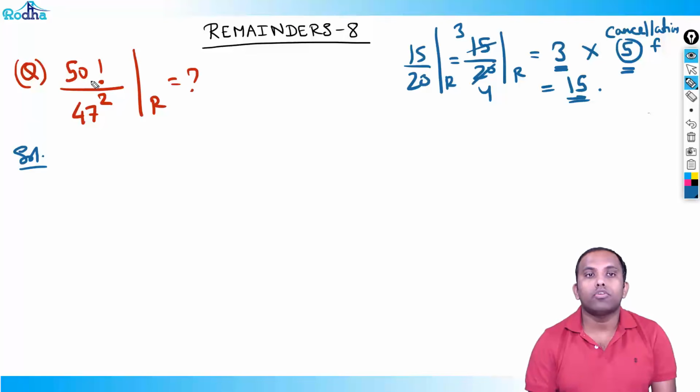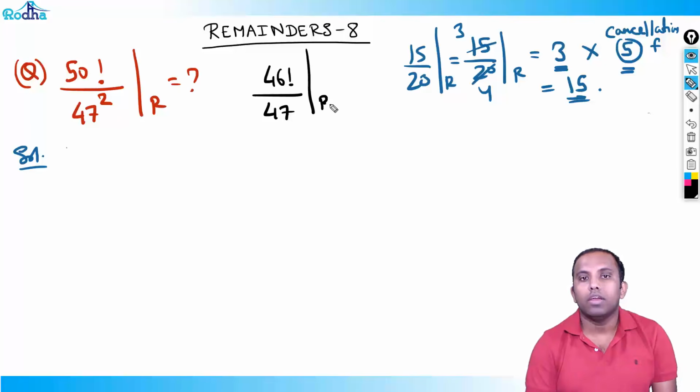We know that in 50 factorial, the multiplication 1 into 2 into 3 till 50, there will be a 47. So let's cancel that 47. The concept here is that 47 is a prime number, so 46 factorial by 47, the remainder will be minus 1.